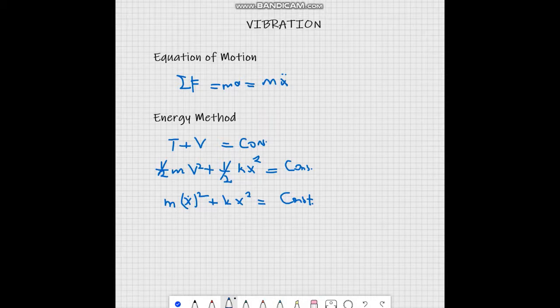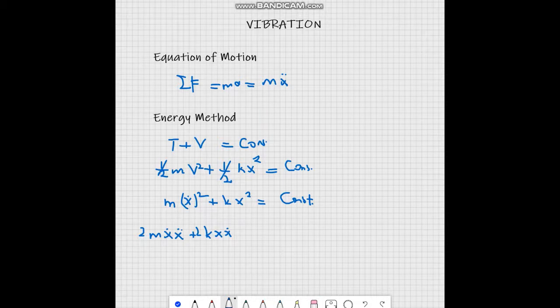If we take the derivative, we end up with m x dot x double dot, plus k x dot, and since this is squared, the 2 comes down again, and then m is constant.